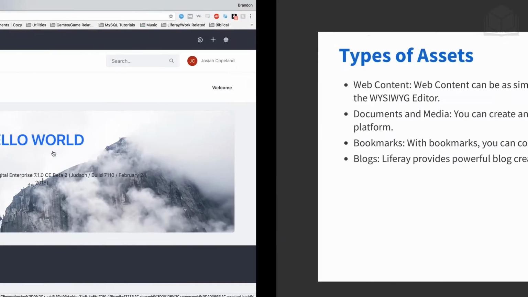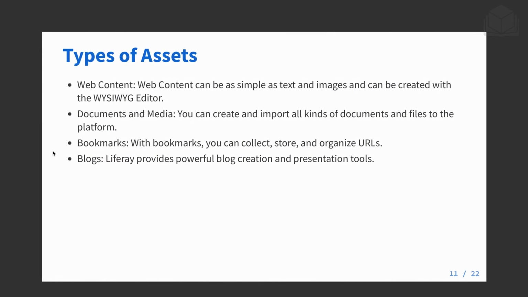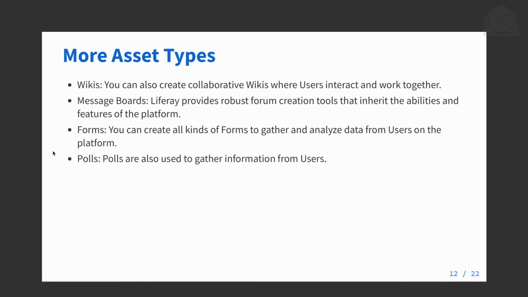So things like web content, documents and media, bookmarks, blogs, wikis, message boards, forms and polls. Those are all of the assets that are available to you in Liferay out of the box. And of course, developers can create new assets as needed as well.